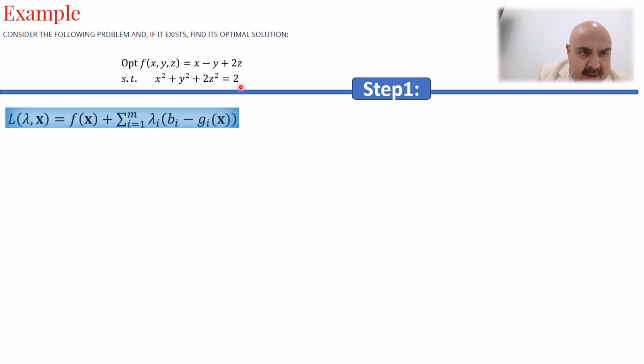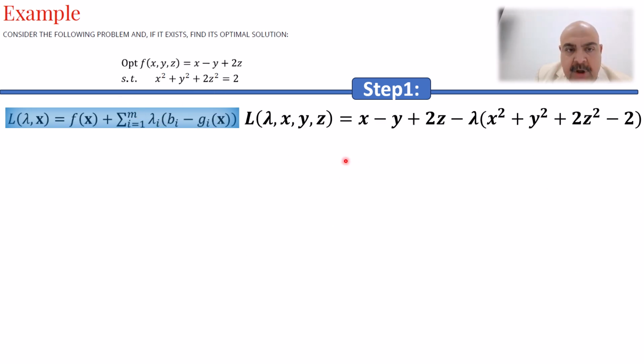Okay, first step, this is the Lagrangian function, which consists of f of x, which is the function required to be optimized, plus the Lagrange multiplier times the constraint that we have. Here we go. That's our Lagrangian function. That's the objective function minus the constraint that we inserted in our problem.